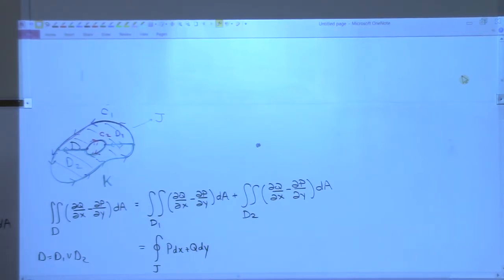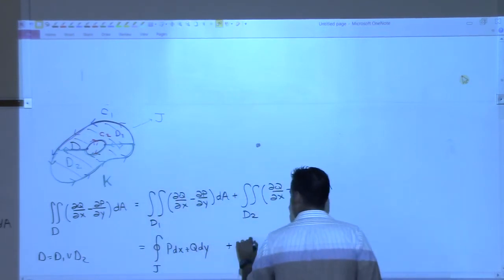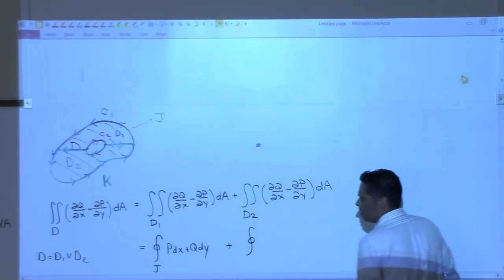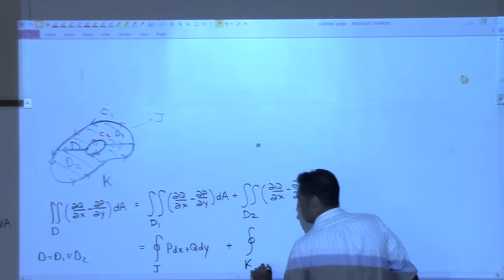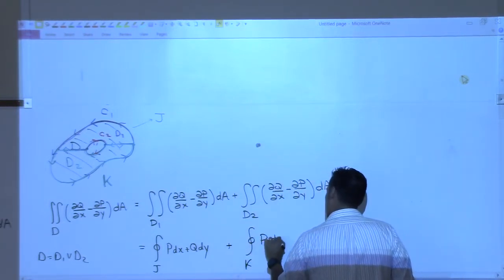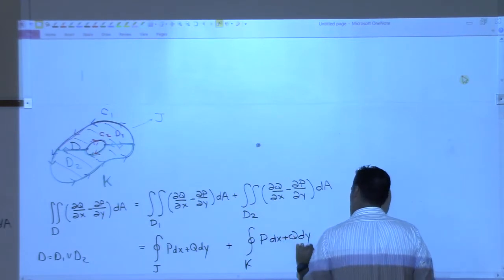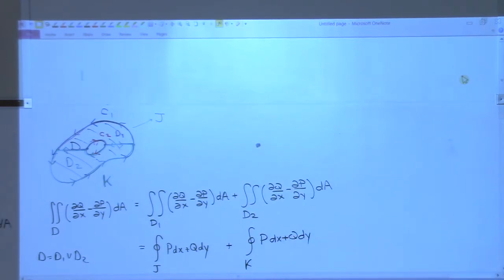Y'all still there? Plus the line integral over the closed curve what? For D2 it's K, P dx plus Q dy. All right. Any questions so far? We're getting there. We're not there yet. We're getting there.